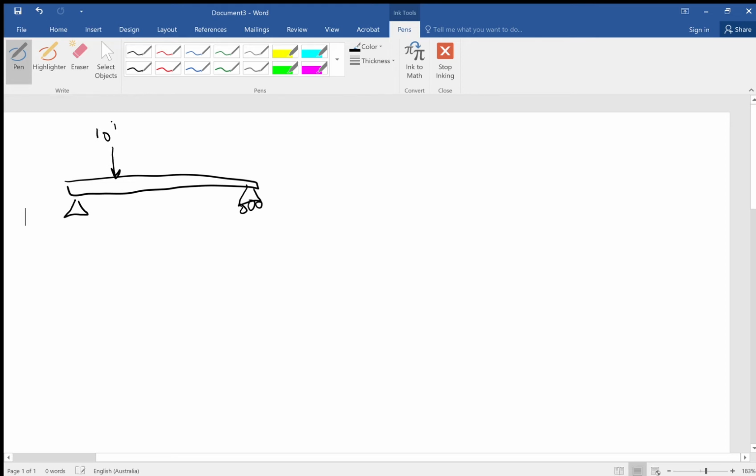So we might have 10 kilonewtons acting at that point right here on the beam, and we might have another point load of 15 kilonewtons acting at this point. They're acting at a single point.